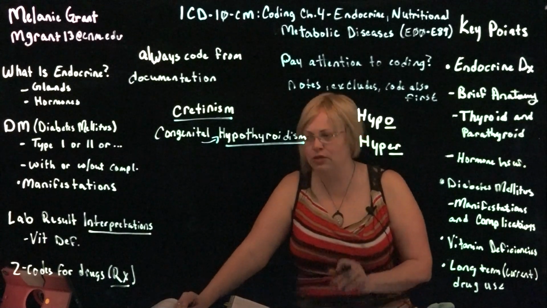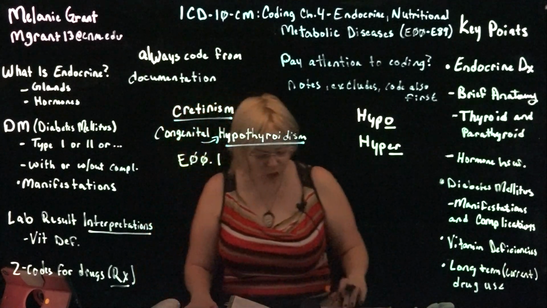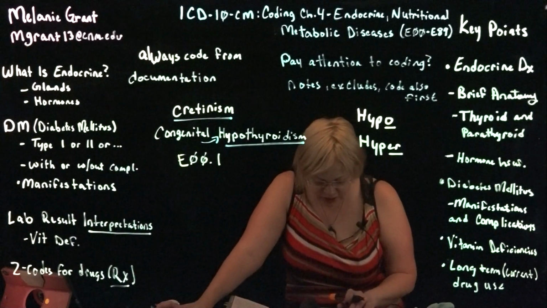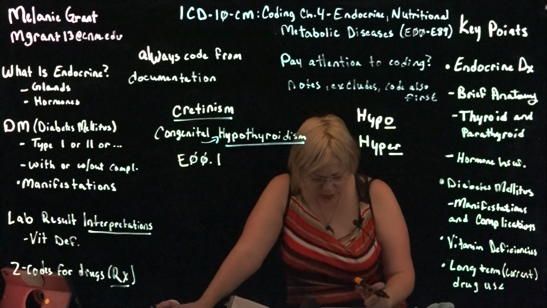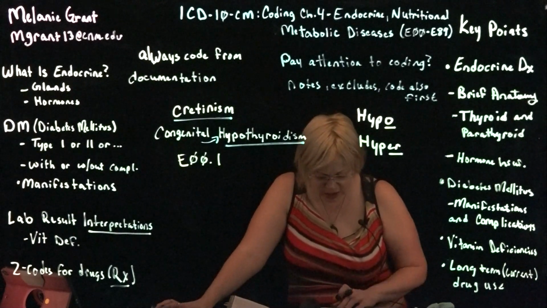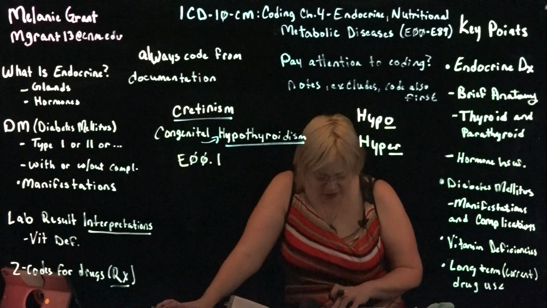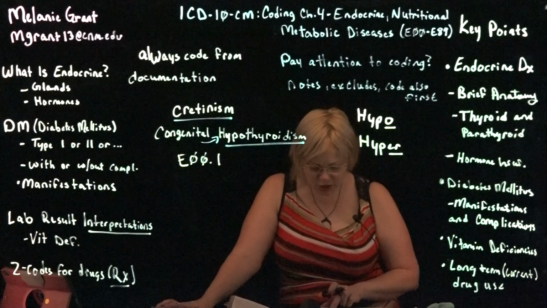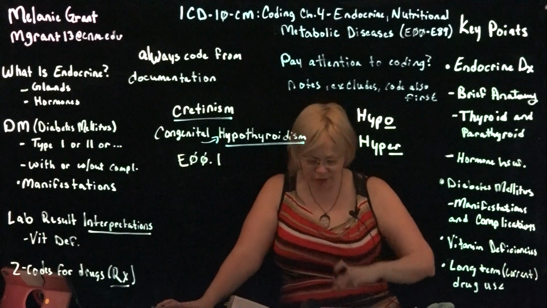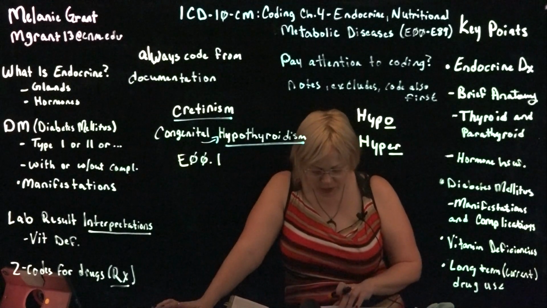So I look at E00.1, which is recommended from the alphabetical, and it's talking about iodine deficiency syndromes. So I'm going to keep looking. If I keep looking down further, because I can read through all of these, honestly, none of these really match my term. So I'm going to look at hypothyroidism by itself, which is found under E03, other hypothyroidisms.